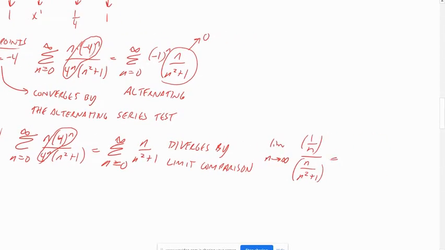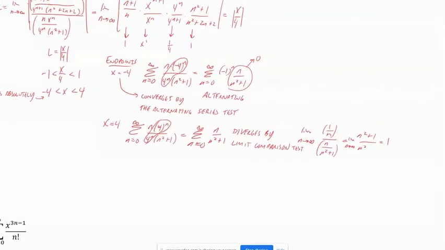We're just looking for this to be equal to a constant. As long as it's a non-zero constant, then we can use the limit comparison test. And so this is going to be n squared plus 1 over n squared. If we take the limit as n approaches infinity, n squared over n squared is 1. So this limit is going to equal 1, which means we can use the limit comparison test.